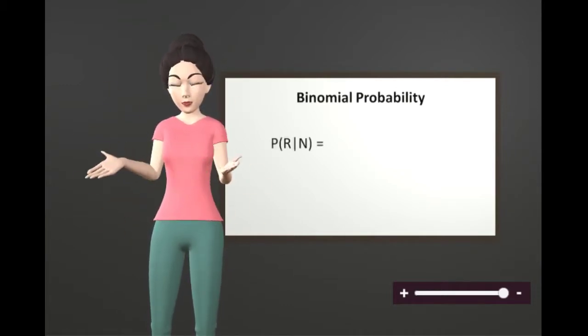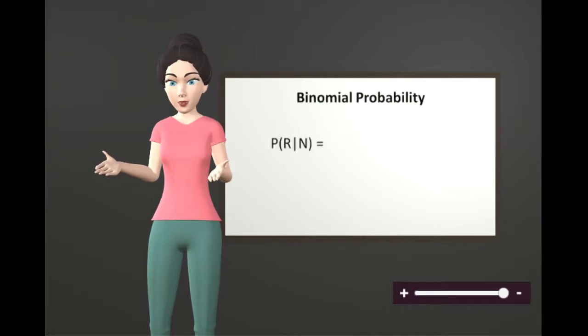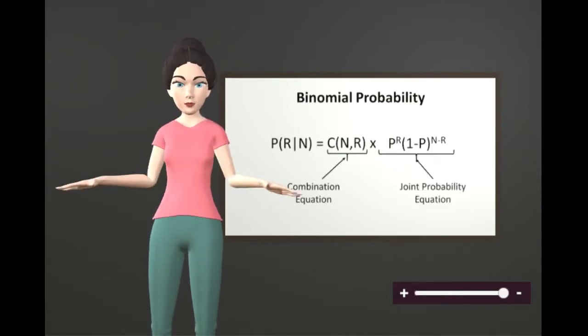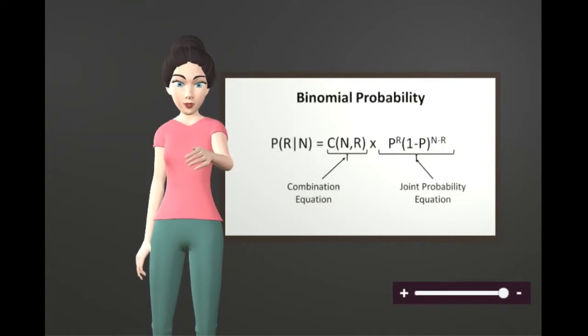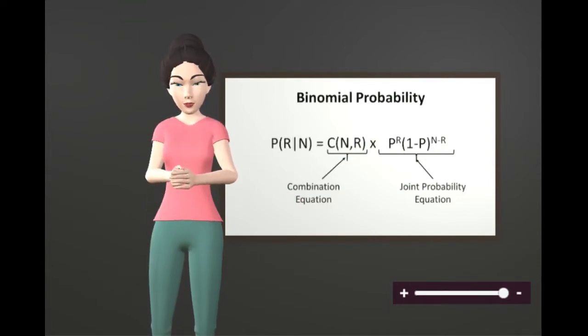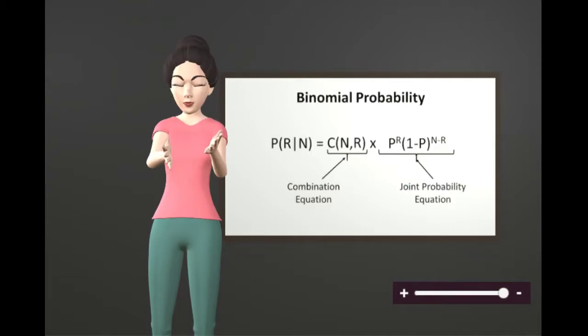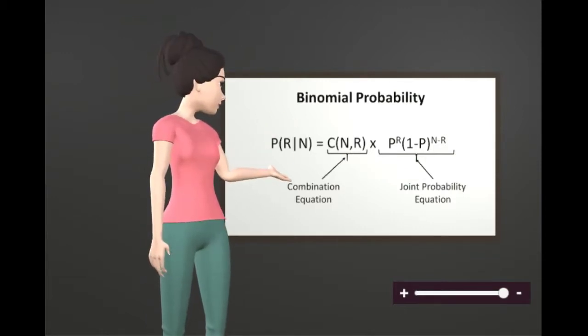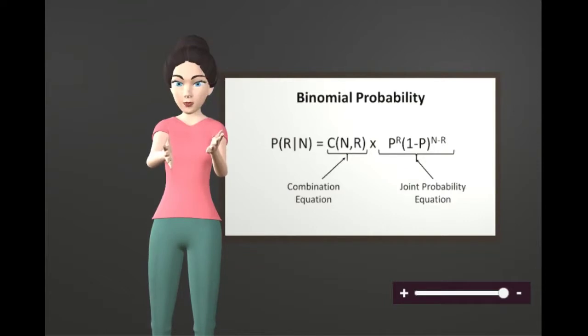You can figure out the probability of getting r successes out of n trials by multiplying the number of combinations for a sequence that has r successes out of n trials by the joint probability of any one of those sequences. When you do this, you are finding the probability of r successes in n trials. So, if you put all that together, you get the formula on the screen. This is what we call a binomial probability.